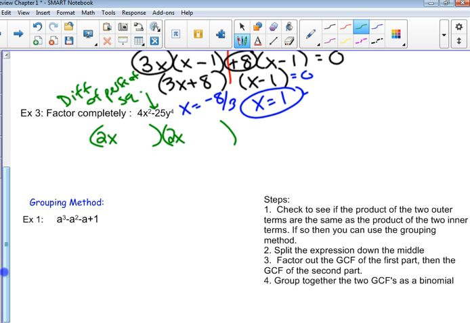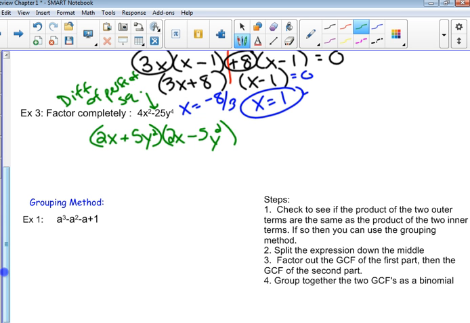What are your symbols? Good. One gets a plus, one gets a minus. And then 25 was 5. Good job. And what about y to the 4th? What times what would give you y to the 4th? Y squared, y squared.